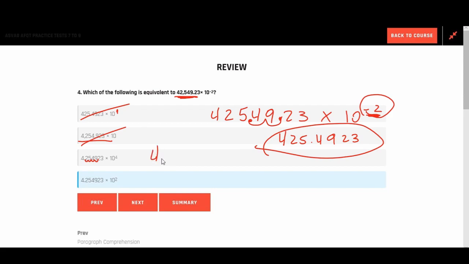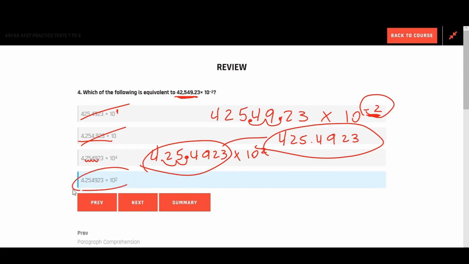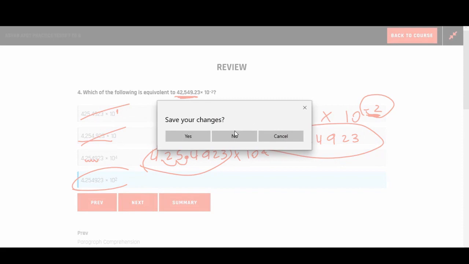Let's do this one. 4.254923 times 10 to the second. Again, it's positive 2, so 1, 2, which gets us this number. It matches this number, so this is our answer choice. So that's scientific notation for you.